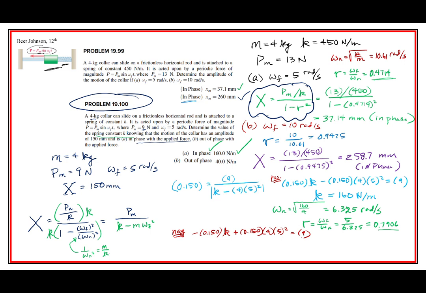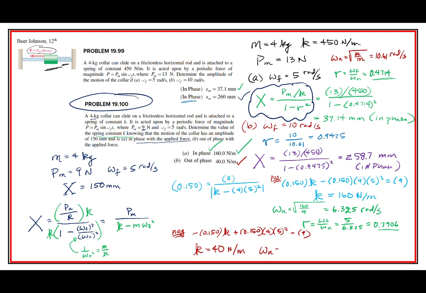Okay, so we get a 9, and then of course it's negative, so it cancels out, and then divided by 0.15, and you end up with a K that is going to be 40 newtons per meter, which agrees with this.